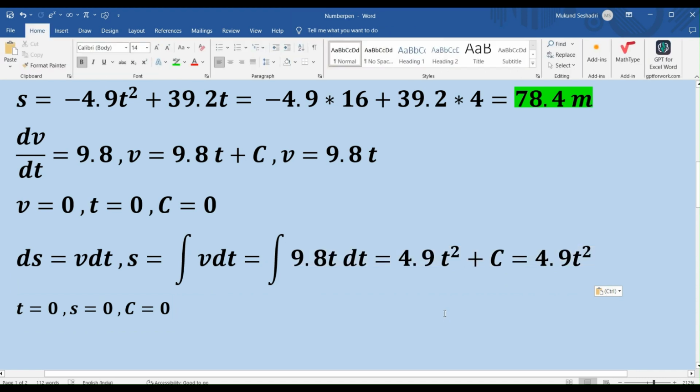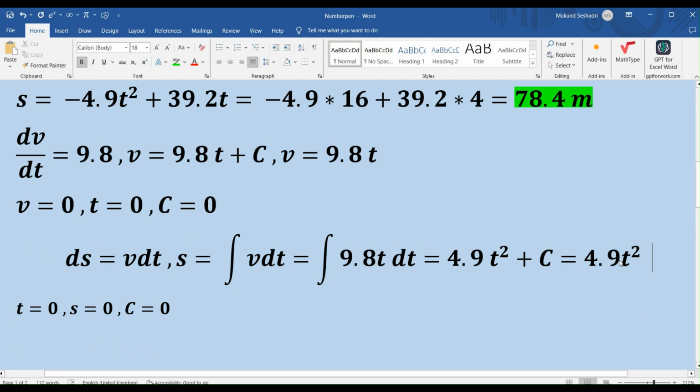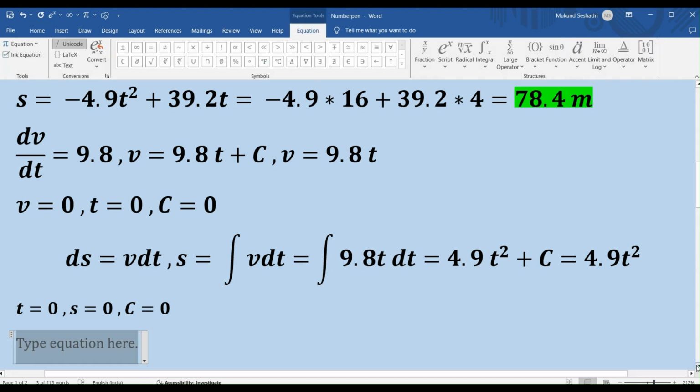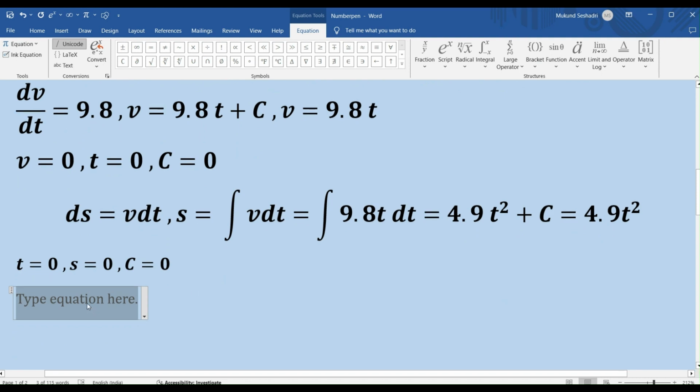I know that the ball has to travel the same distance that it traveled in its upward journey, right? And now that the ball is taking a reverse direction, it has to come through the same height before it strikes the ground, right? And that height is something that we already know, which is nothing but 78.4. So I know what is the time it's going to take for the ball to travel through the same distance in its reverse direction, right?